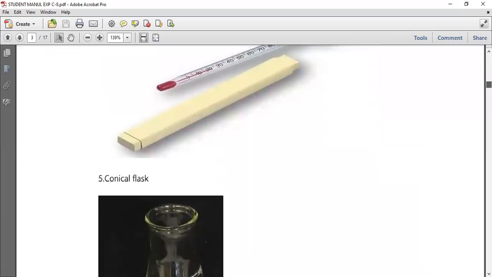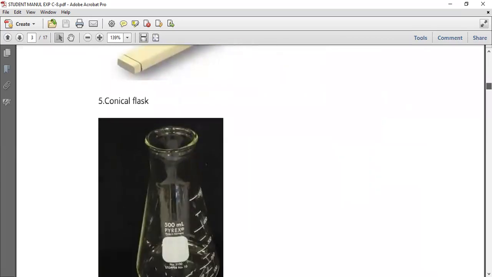So we also have another apparatus here, conical flask. Conical flask will be used to heat water. It holds water so that it can be heated to generate steam that would cause the expansion of the metal rod.